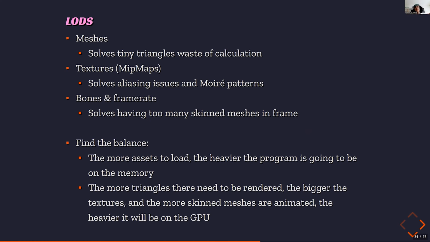But if you have fewer LODs, that means you have more triangles in proportion. Even if the characters are farther away, they still have the same poly count, the same triangles, the same textures, the same bones. So it's going to take up work on the GPU, on the graphics card.